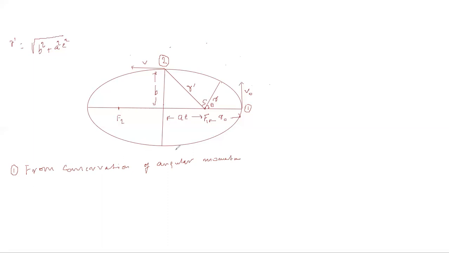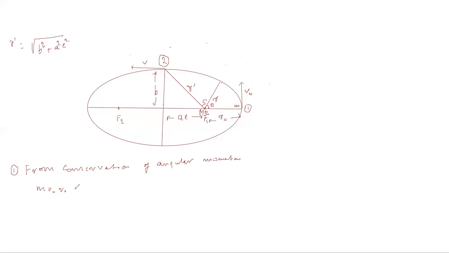Let's say that the mass of the planet is small m and mass of the sun is capital M. So the planet's angular momentum at point 1 about the sun, and we have taken the origin also at the sun, since we're taking this as origin, let's also denote it by O. So it would be m v naught r naught, because r naught is the perpendicular distance of O from the velocity vector v naught at point 1, that is at initial time.